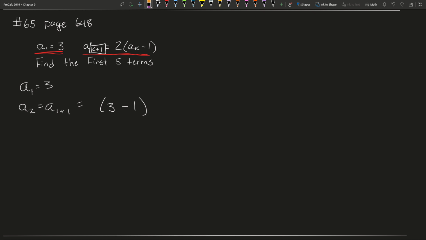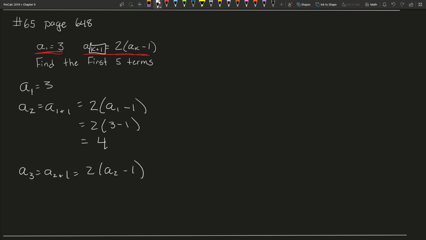So let me rewrite that so it makes a little bit more sense. For A3, we can rewrite that as A2 plus 1, which is 2 times A2 minus 1.